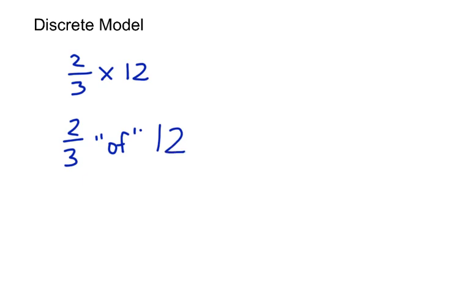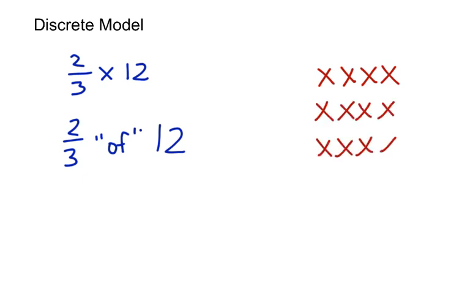With that in mind, when I go to set up my discrete model, I'm going to make 12 items, and we'll go, there's 1, 2, 3, 4, 5, 6, 7, 8, 9, 10, 11, 12. As I look at my picture, I can see that I've got 1, 2, 3 rows. I have those 3 rows, and what I want is 2/3 of this.